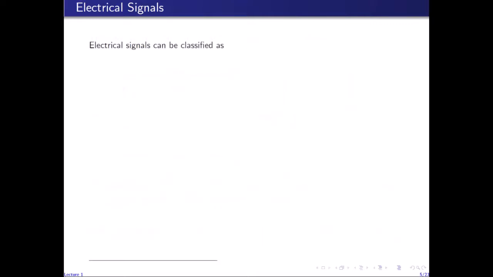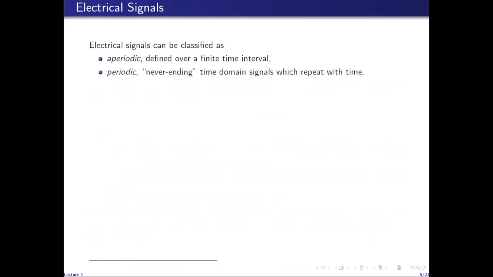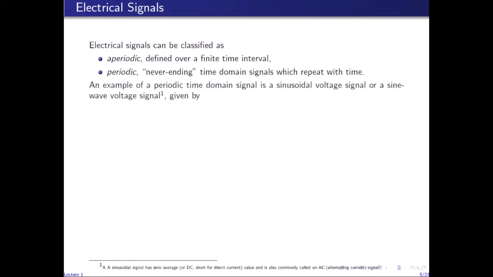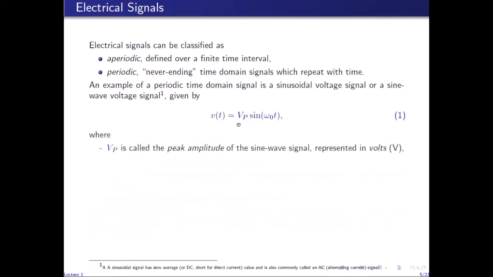Electrical signals can be classified as aperiodic, which are defined over a finite time interval, and periodic. Periodic signals repeat with time, hence the name periodic. An example of a periodic time domain signal is a sinusoidal voltage signal, or a sine wave voltage signal, which is mathematically given by this expression, in which Vp is called the peak amplitude.